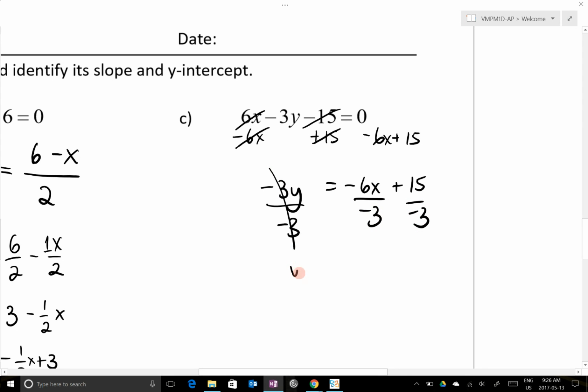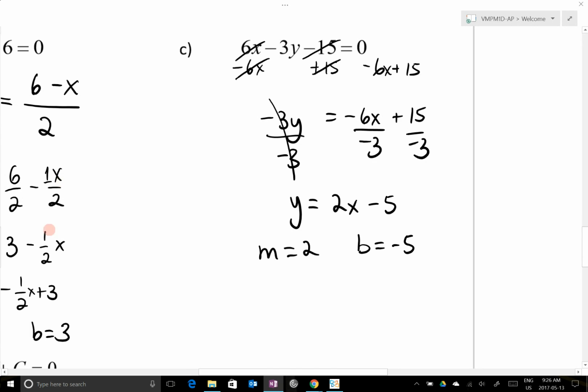And so when I do that, I get y by itself on the left side. On the right side, negative 6 divided by negative 3 is positive 2, and don't forget the x. 15 divided by negative 3 is minus 5. And so slope equals 2, and the y-intercept equals minus 5.